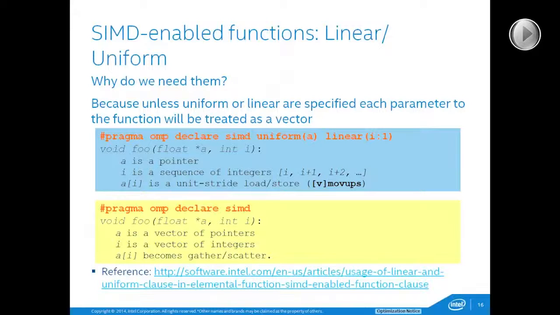Well, of course not. The reason is that all you expect inside the function is that the float pointer A has to be shared across all the iterations, and the only thing which is changing is the index i.